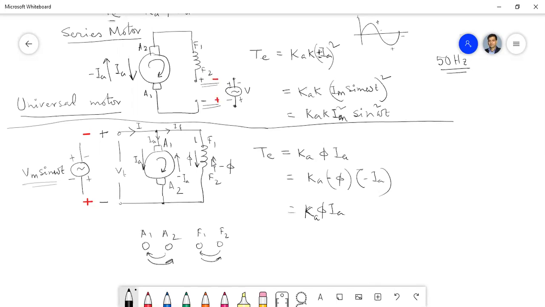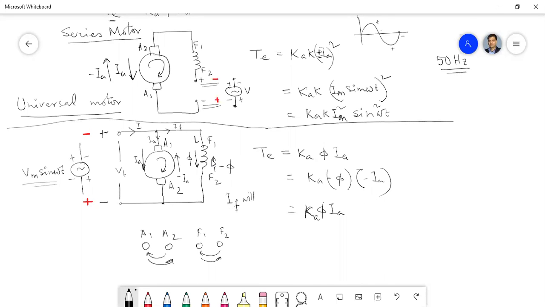As the inductance is very high, the field current lags behind the armature current by almost 90 degrees, due to the high inductance of the shunt field. Remember, the series field has very low inductance. Here the shunt field has very high inductance.